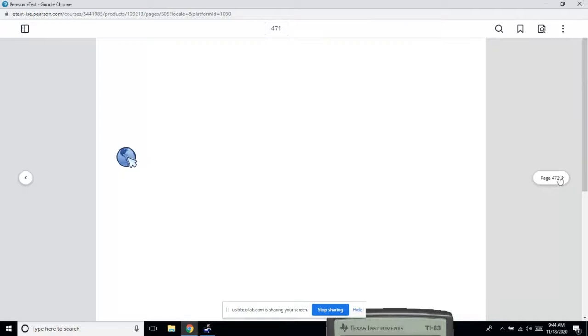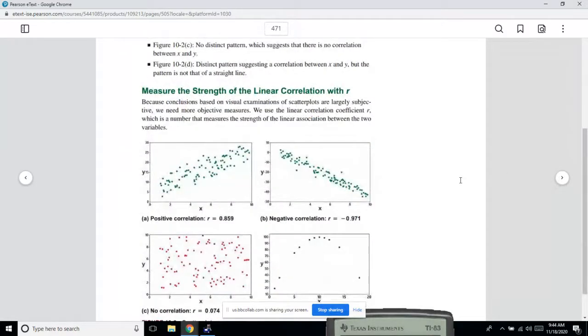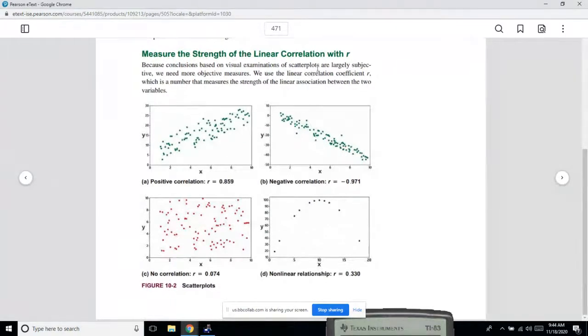A linear correlation exists when pairs of data are plotted, and you can use what's called the R value, which is the linear correlation value, to measure the strength of that linear relationship. Taking a look at these four examples, we read these graphs just like sentences, from left to right.